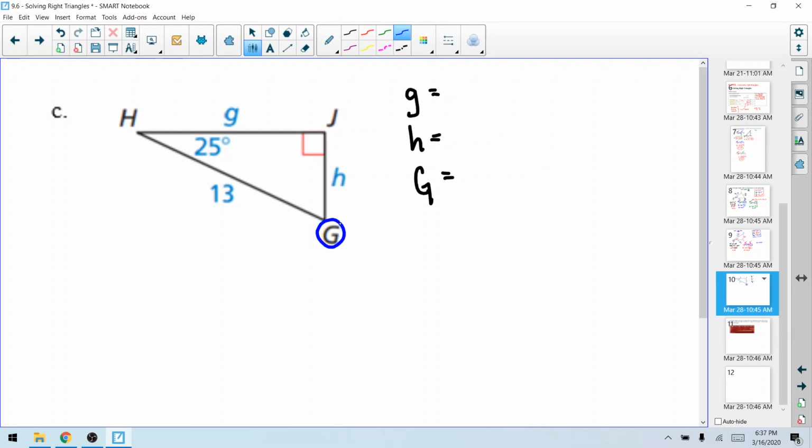In this particular picture, we have two angles. We have a 90, we have a 25. All the angles have to add up to 180. So I'm going to take 90 minus 25, which gets me 65. So I know angle G is 65 degrees.